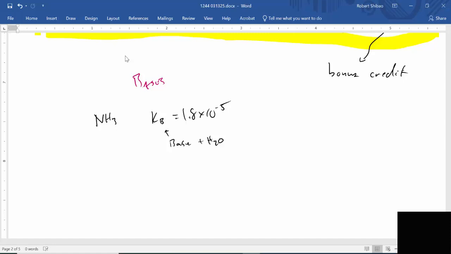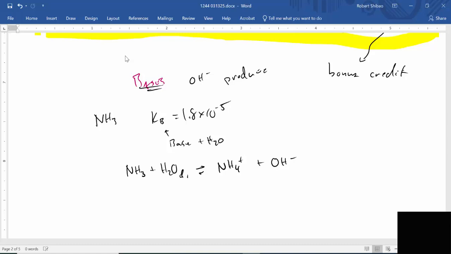And so this Kb is for a very specific equation. What is this Kb equation? The Kb equation is ammonia plus water makes what? Yeah, ammonium and hydroxide. So when we think about bases, we're looking at hydroxide producers or hydroxide contributors.